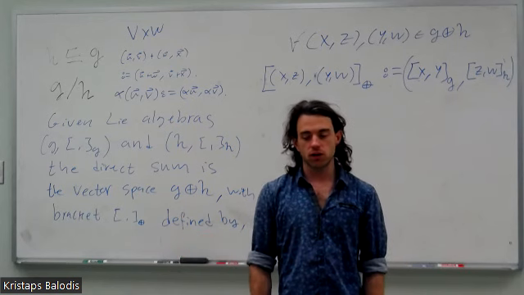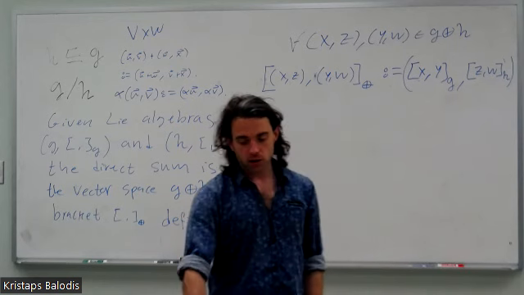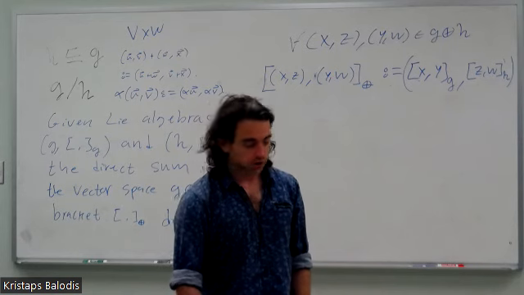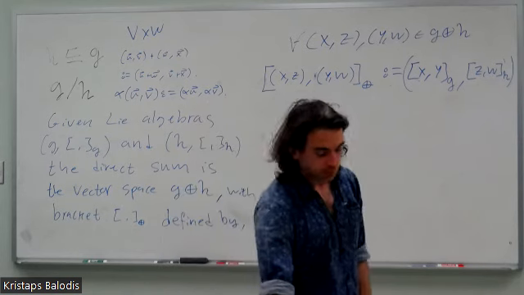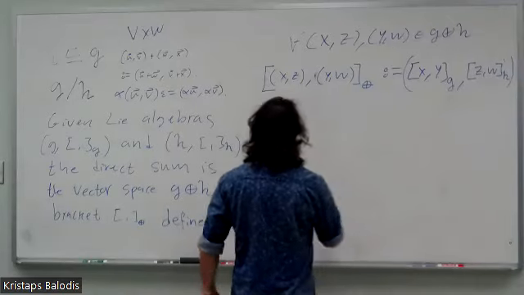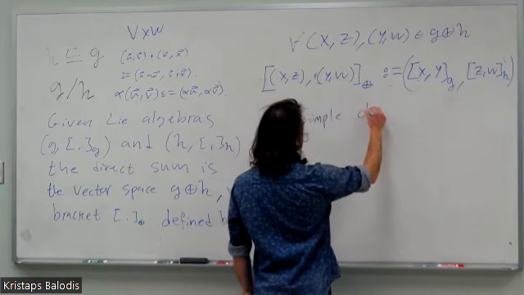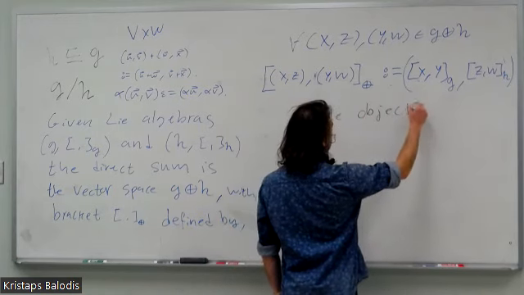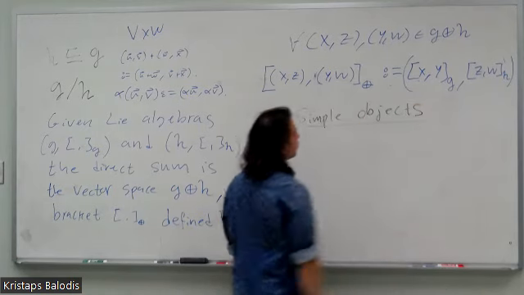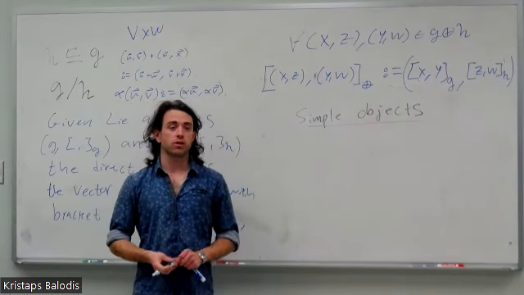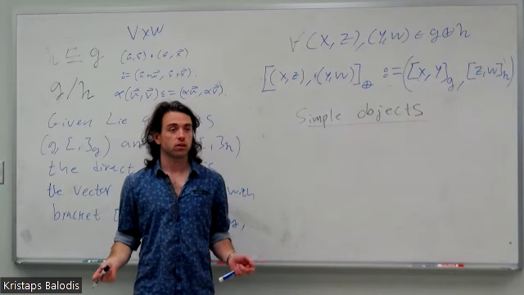So this is actually a concept that comes up a lot. To be very fancy, the idea is that we have simple objects, and we want to decompose our larger objects into these simple ones, right?